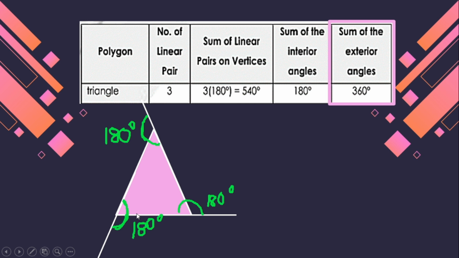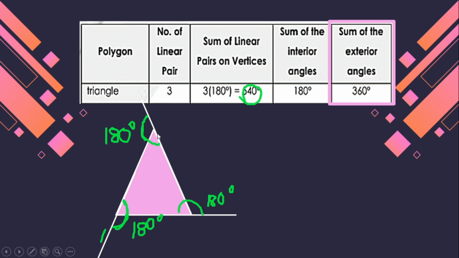Now, kung meron tayong 540 na nabuo from this, ito ay 180, tas 180, tas 180, so tatlo yan, should be 540 as a sum. Eh, yung sum ng interior angle na tinukoy natin kanina, sabi natin 180 tong nasa loob na yan.